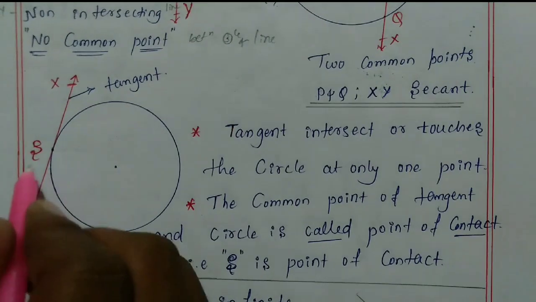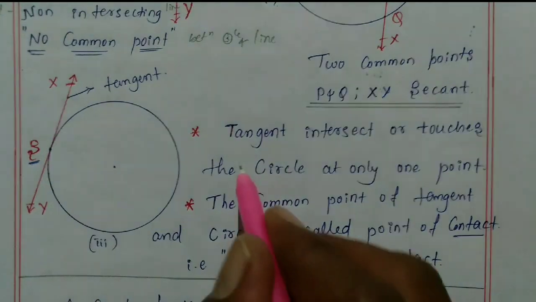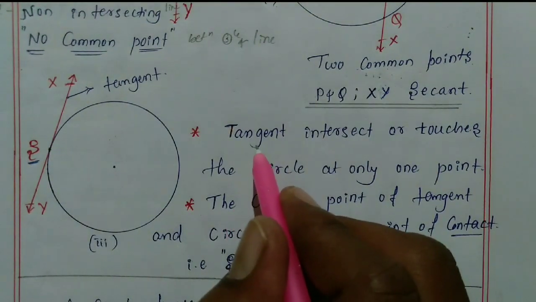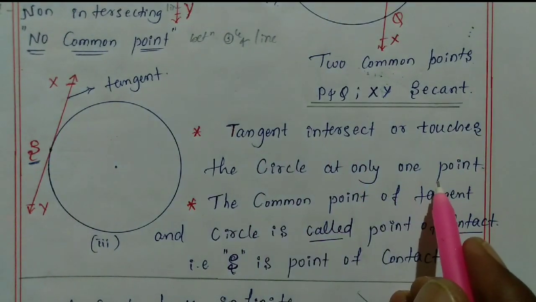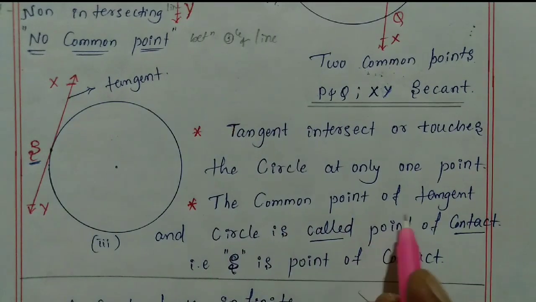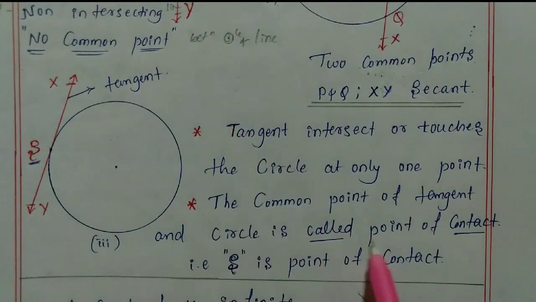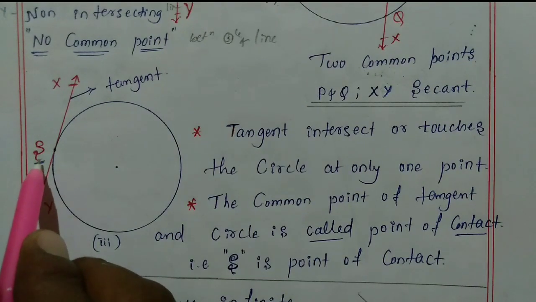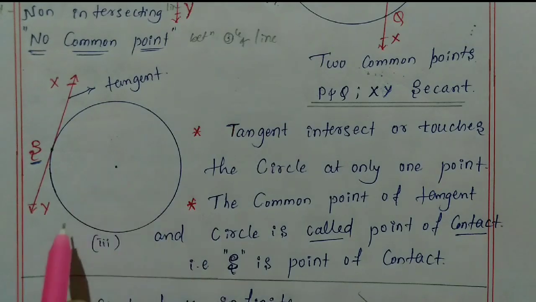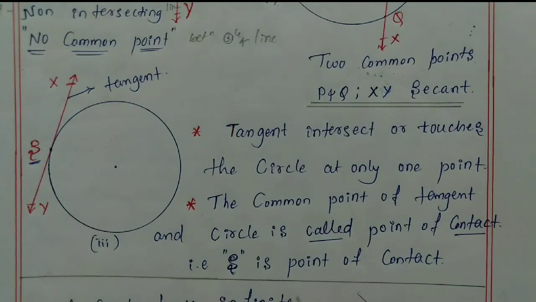Here the point of contact is S. I have written here that a tangent intersects or touches the circle at only one point. The common point of the tangent and circle is called the point of contact. So in this figure S is the point of contact, you can write.